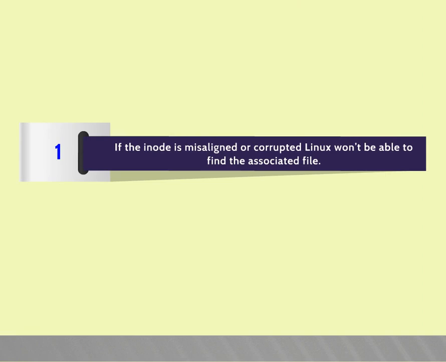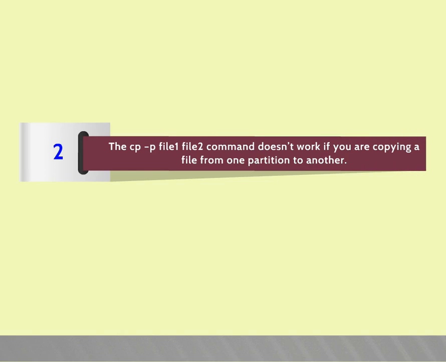If the inode is misaligned or corrupted, Linux won't be able to find the associated file. The cp file1 file2 command doesn't work if you are copying a file from one partition to another.